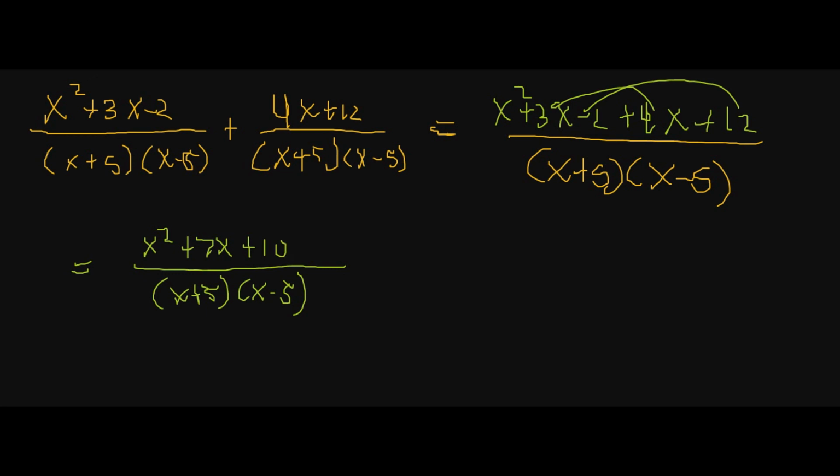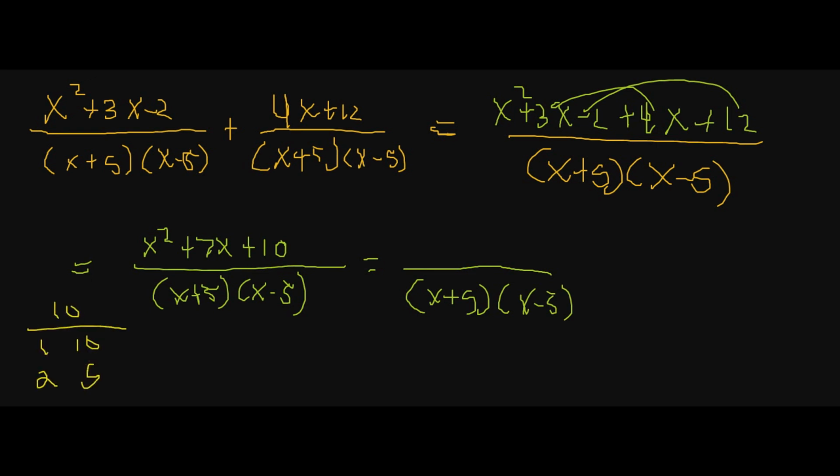Okay, and now you could see we basically just added the numerators and simplified, and now that it's simplified, we can ask ourselves, well, maybe is the numerator factorable? Maybe we can turn this into factored form. All right, first thing you might want to do is write all the factors of 10: 1 and 10, 2 and 5.